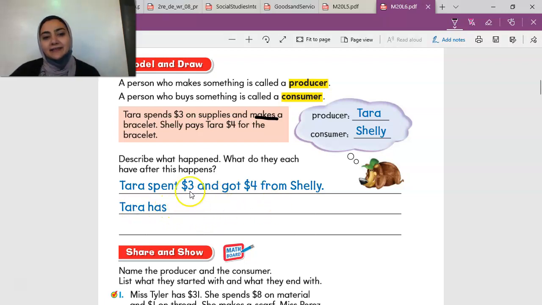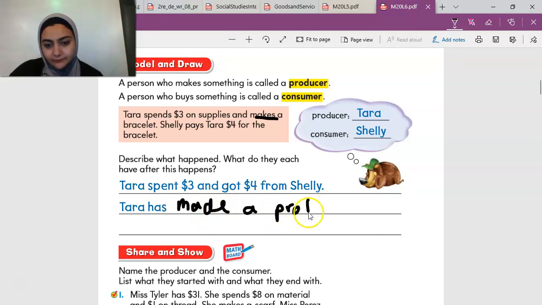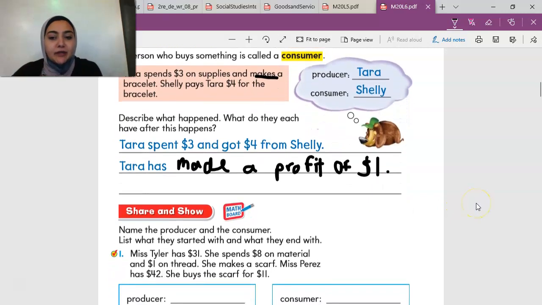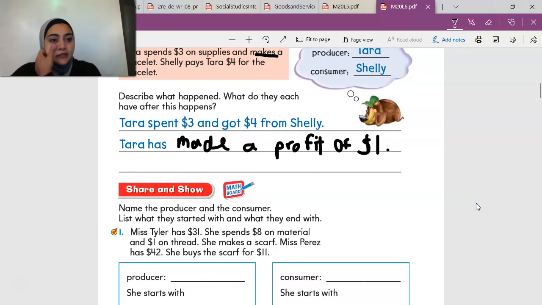So Tara has made a profit of $1. Okay, she made a profit of $1. Okay, let's move on.